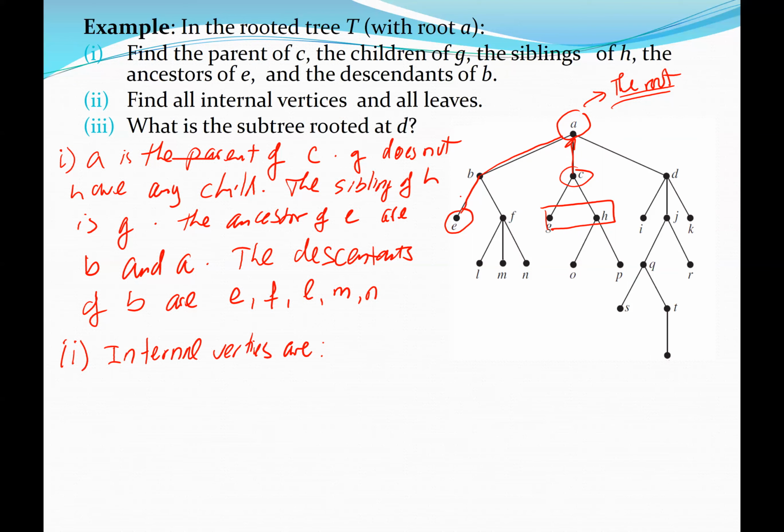B has children, C has children, and D has children. So those are the 3. And then F also has children, H also has children, J also has children, Q also has children, and T also has children. And now we look at the leaves.